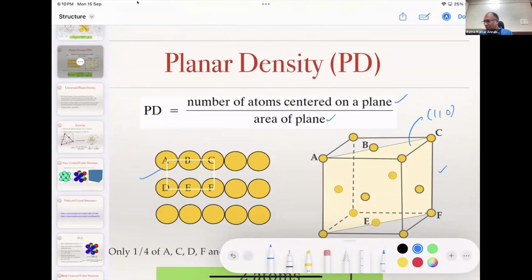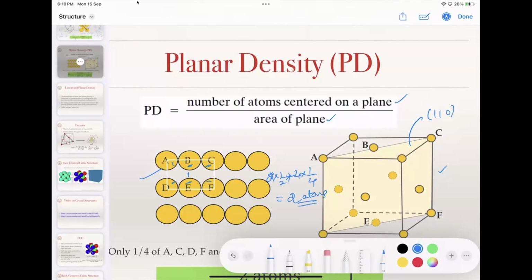How many atoms are effectively there in this plane? 2 atoms are centered on the face, each half, and 4 atoms at the corners, each one quarter. Total: 2 into 1/2 plus 4 into 1/4, so 2 atoms are only there.